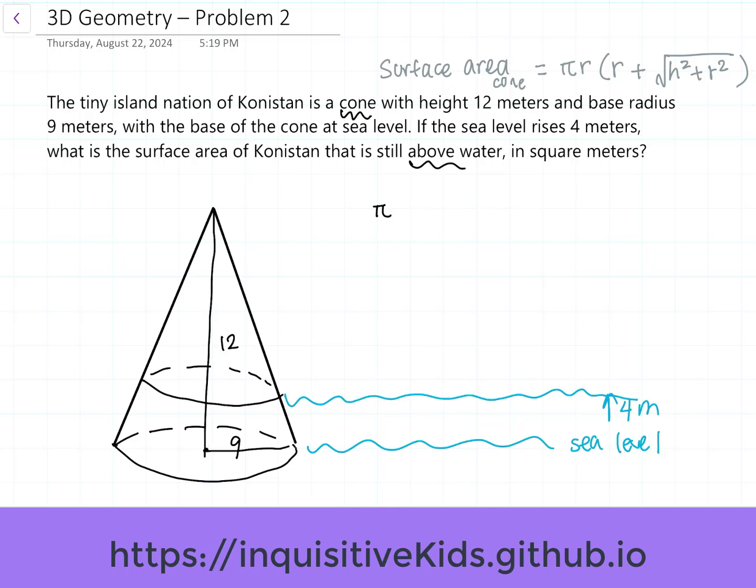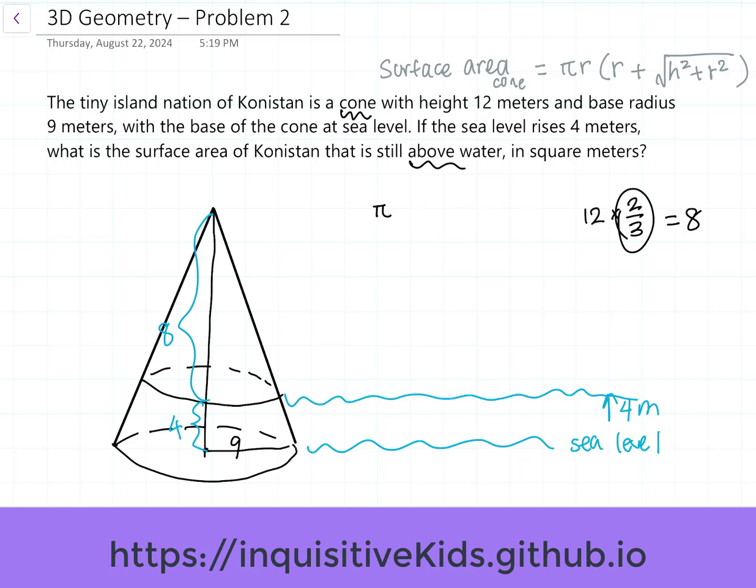So if the total is 12, then we know this part is 4 and this part is 8. And we get 8 by multiplying 12 by 2/3. So 2/3 is the scale factor. 8 is 2/3 of 12.